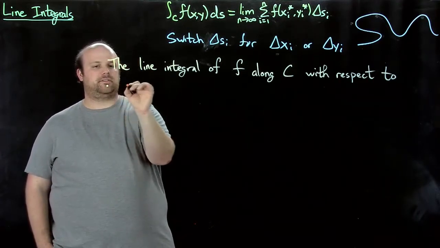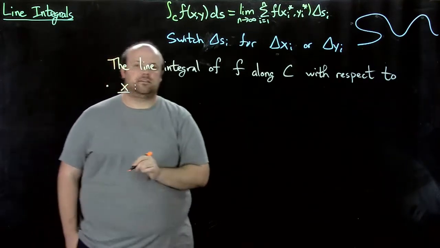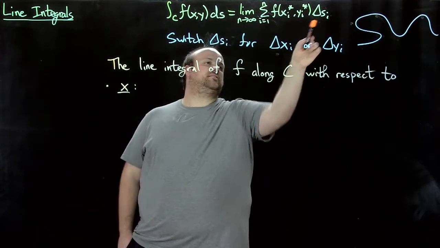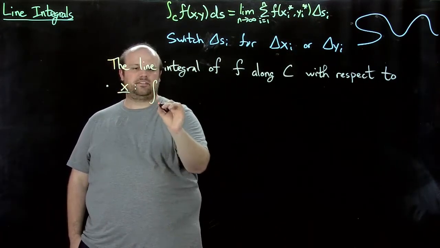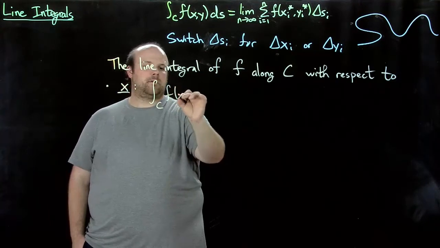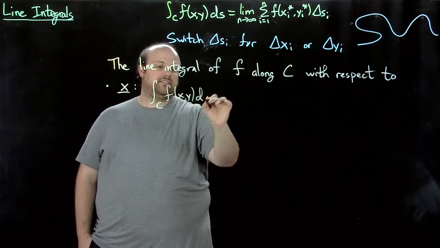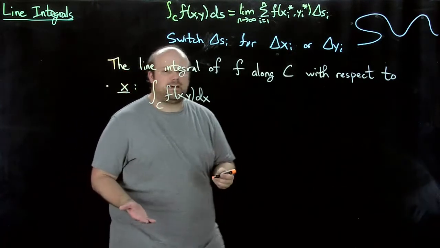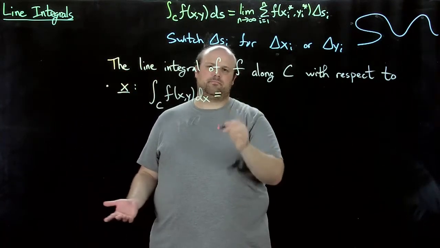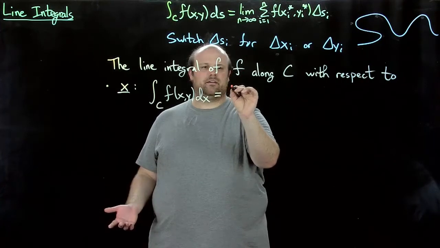So we can first do with respect to x. Right? So that's going to be switching this guy for delta x_i. So as you might guess, that's just going to produce an integral that we write like this. All right? And how do we compute that? Well, it's really not too bad.